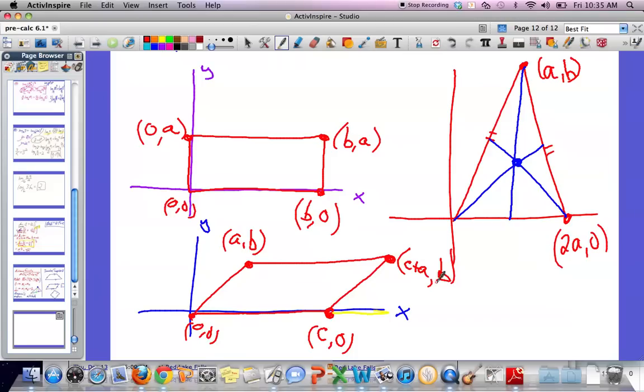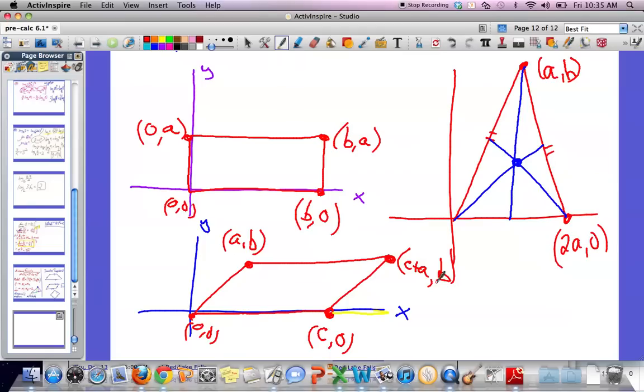Number 4, to prove that two line segments bisect each other, use the midpoint formula to show that they have the same midpoint. If you want to show that they bisect each other, show that they share the common midpoint. Number 5, to show that lines are concurrent, show that their equations have a common solution.